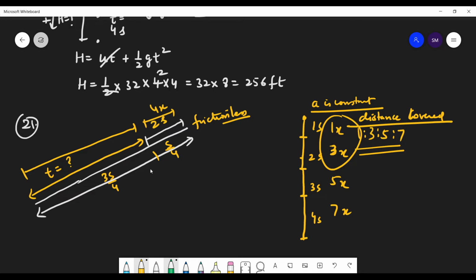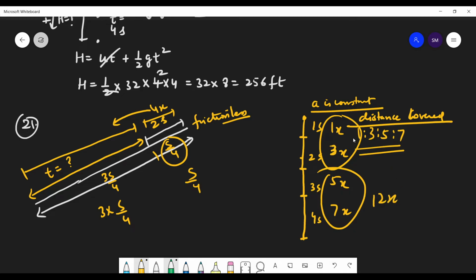In the next, you have to cover 3 times this distance, right? This is s by 4. So this is 3 times s by 4, isn't it? Yes, sir. So this is 4x. So you are going to travel the distance 12x. Here it was 4x, so you have multiplied it with 3, isn't it? So 3 multiply 4x. So how much time will it take?